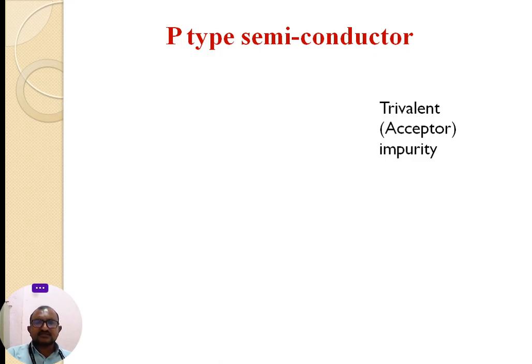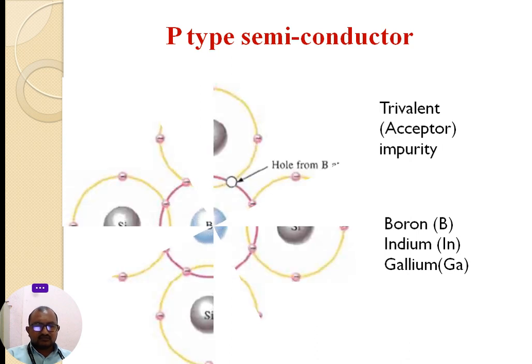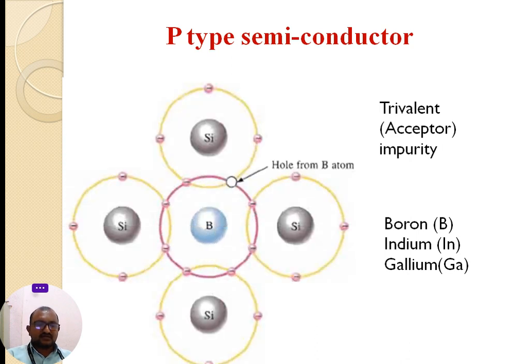And then next is the P-type semiconductor. When a trivalent impurity, also called the acceptor impurity, is added to a pure semiconductor, it forms the P-type semiconductor. The trivalent impurities are boron, indium, and gallium. Suppose the pure semiconductor is silicon, and we dope it with a boron atom. Consider a silicon crystal containing a boron atom at the central position.